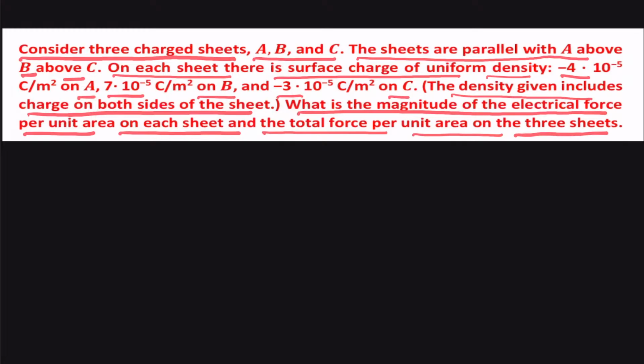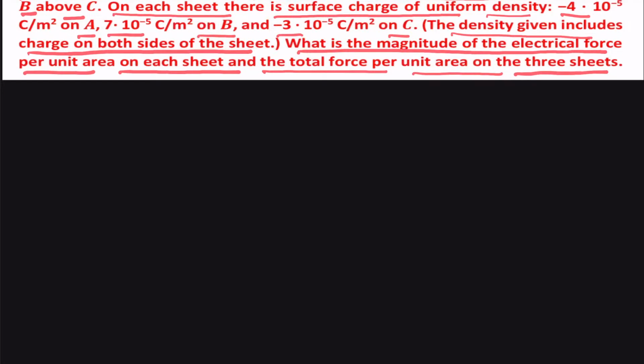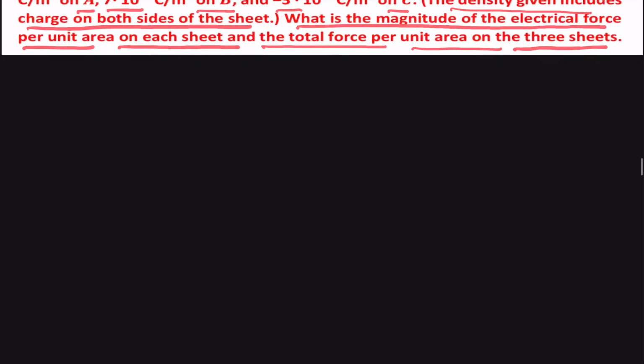Okay, so this we have also done, but we mainly solve this question for two sheets at most, and we deal with respect to electric field only. But here we are given that we have three sheets. A is our topmost sheet, below that we have sheet B, and the lowest one is sheet C, and their charge densities are also given to us.